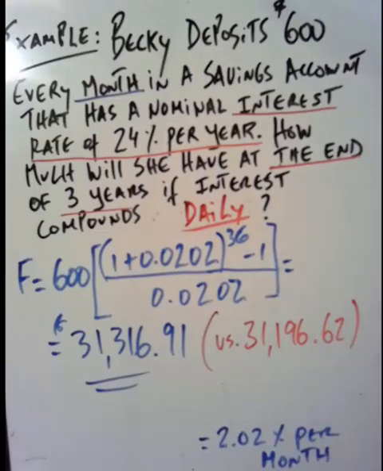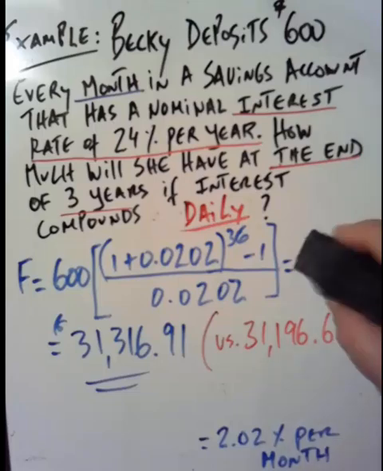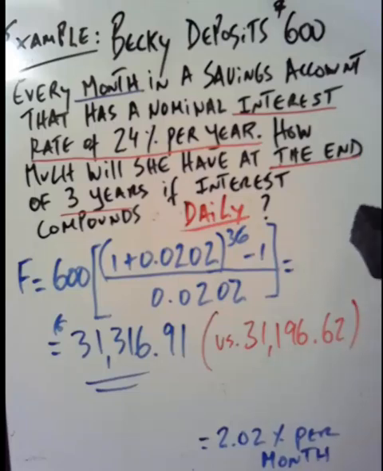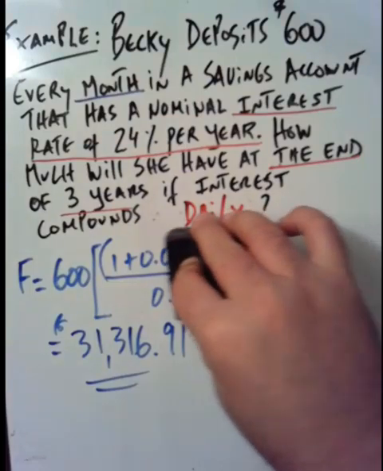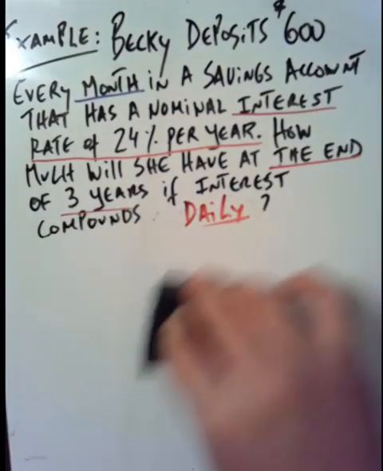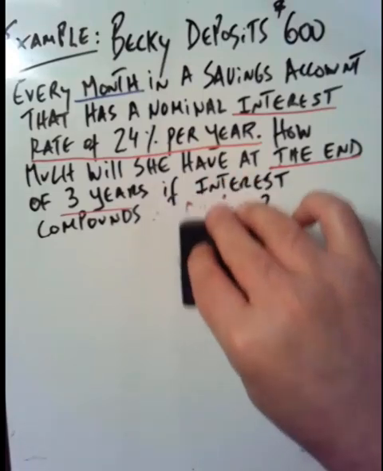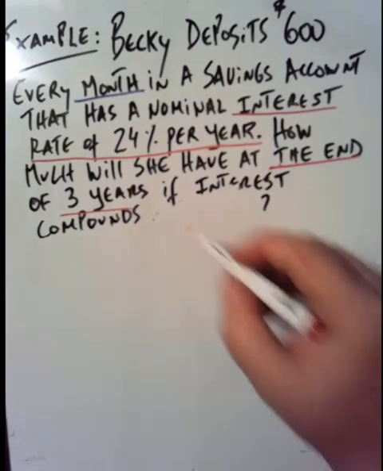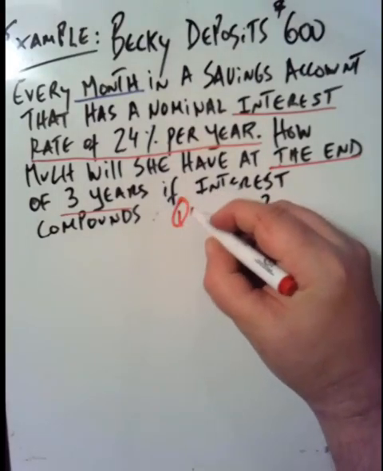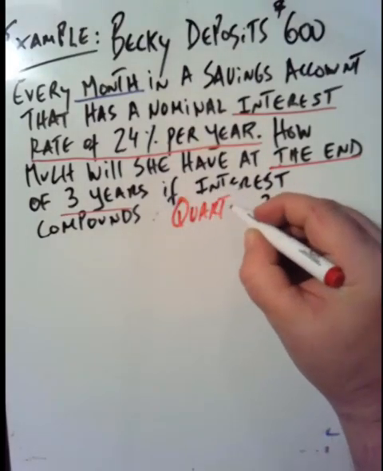Now let's look at the scenario where the reverse relationship between interest compounding and cash flow frequency holds. So let's say that the cash flow now compounds quarterly.